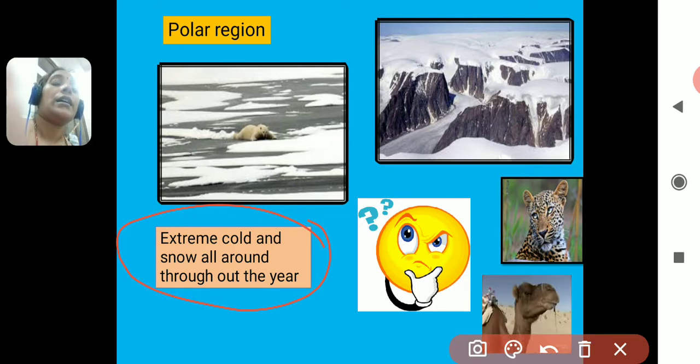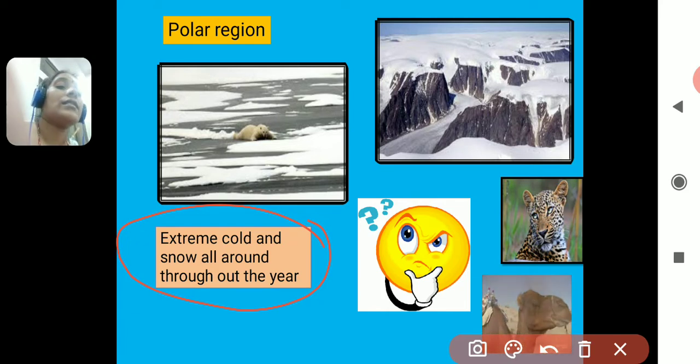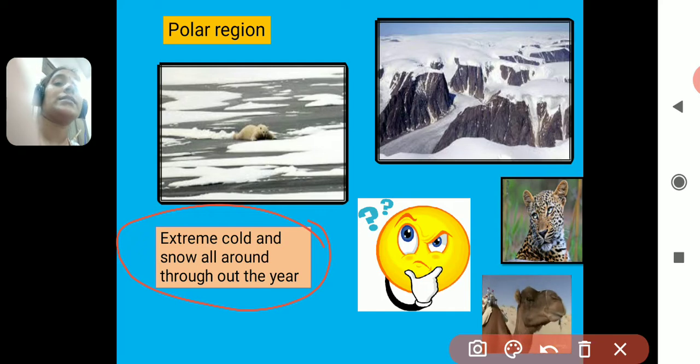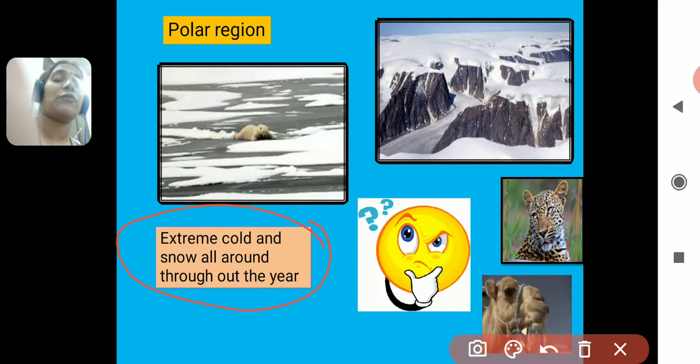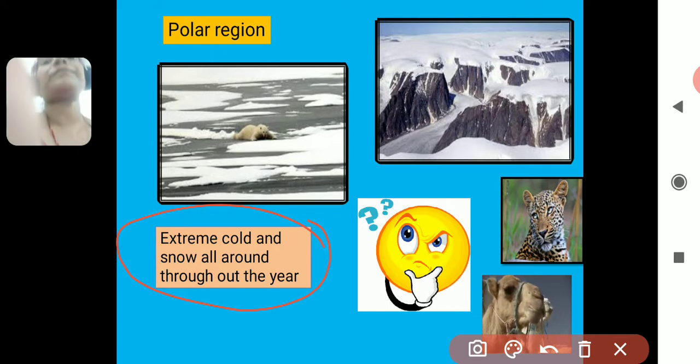So, due to this, the animals which survive in the desert can't survive in the polar region. The animals who live in the polar region have some specific features or special qualities which help them to survive successfully there.